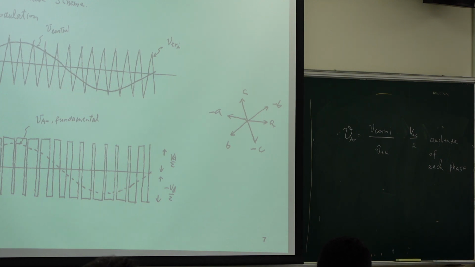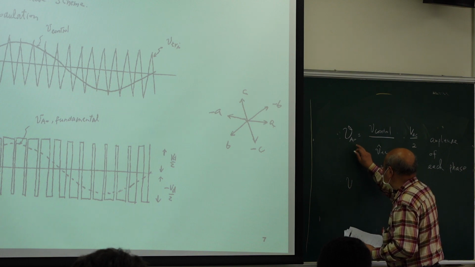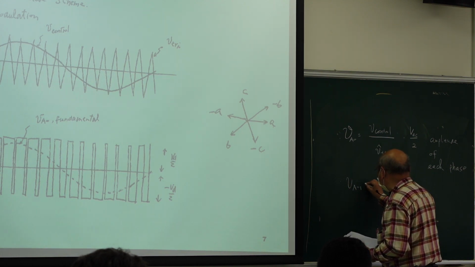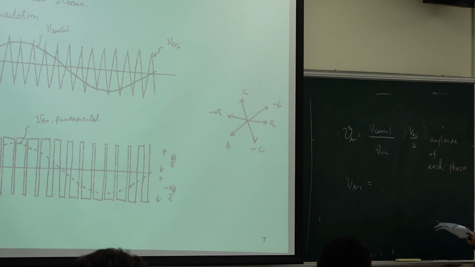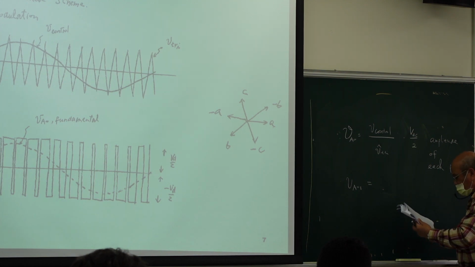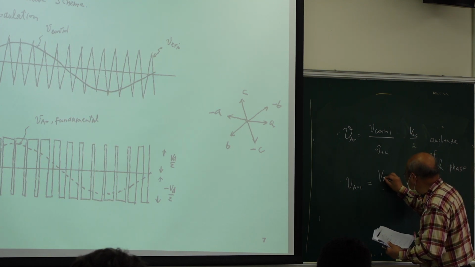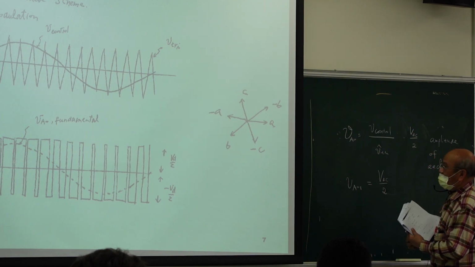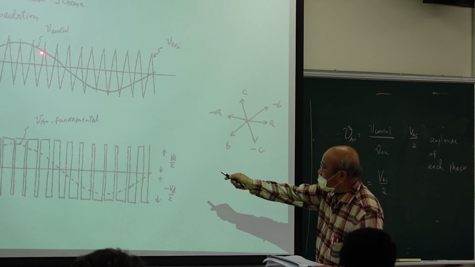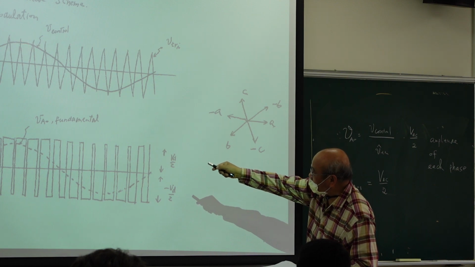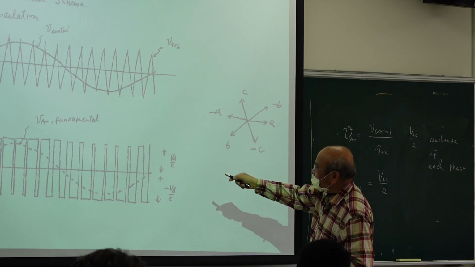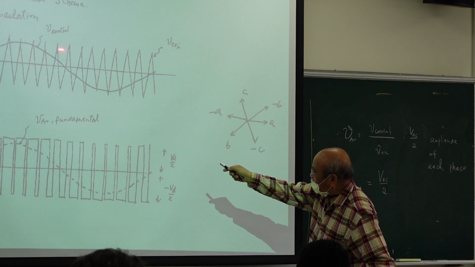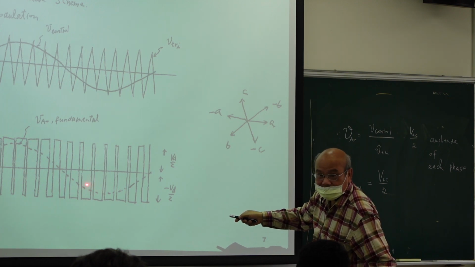Okay, so we know this is the result. So how about the fundamental? This is the amplitude. How about the fundamental? So the fundamental is equal to VDC divided by 2. But for the fundamental, sometimes I do not put this as 1, maybe half. So if the amplitude becomes less, then the output becomes less, right?